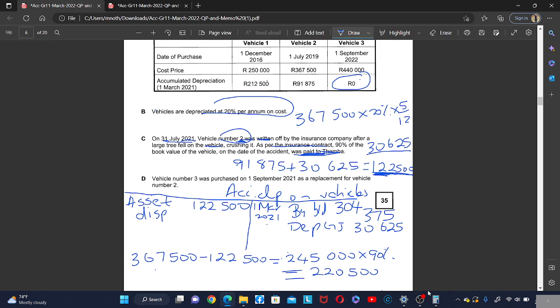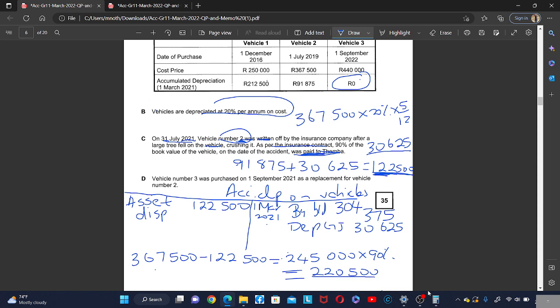So if the insurance made a payment, it means that the bank is involved, right? And because this information is about an asset that the business is disposing of, it must be recorded in the asset disposal.